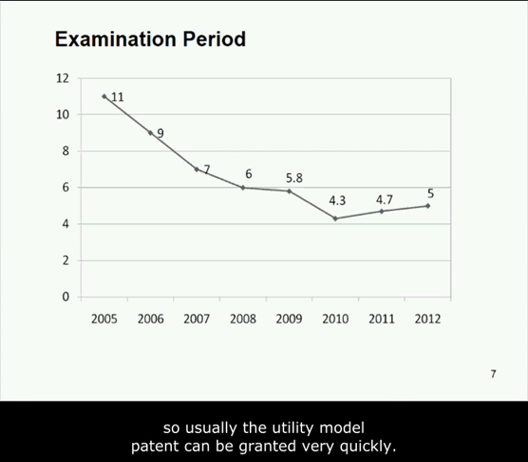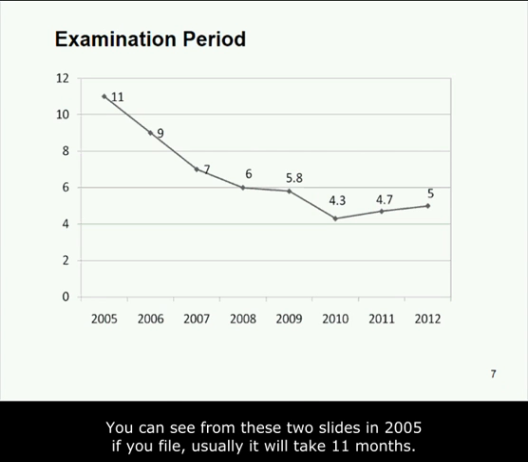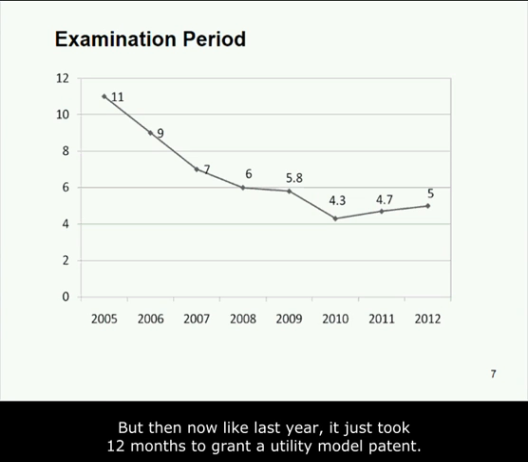So usually a utility model patent can be granted very quickly. You can see from this slide, in 2005, usually it would take 11 months. But right now, like last year, it just took 5 months to grant a utility model patent.